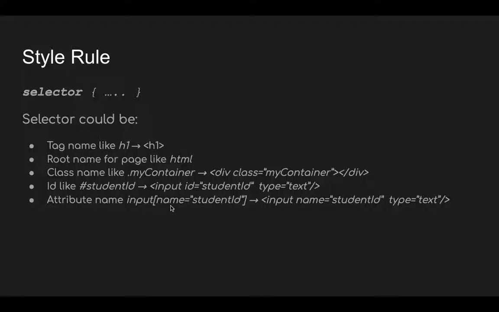This is also a valid way of setting up selectors. So for example, say you have a form on your page and people are going to be filling it out and there is an error that occurs. You could specify a certain style that says make the input of student ID show up in red because they didn't put the right information.